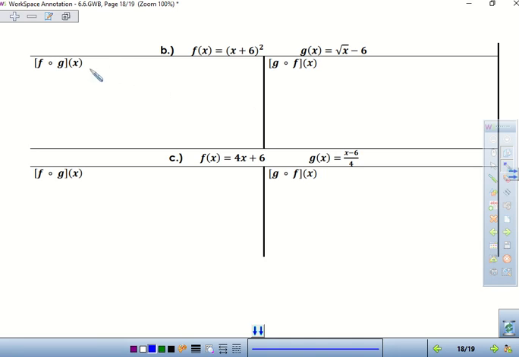Alright, so we're going to check and see if these are inverses. So what am I going to do to start this one? The g of, I've got to write the f of x, but I have to replace the x's with what? Parentheses. What's going to go inside of those parentheses?